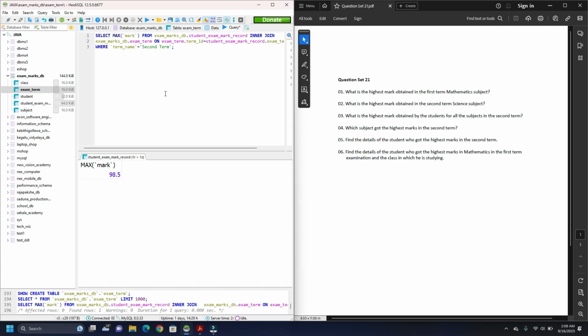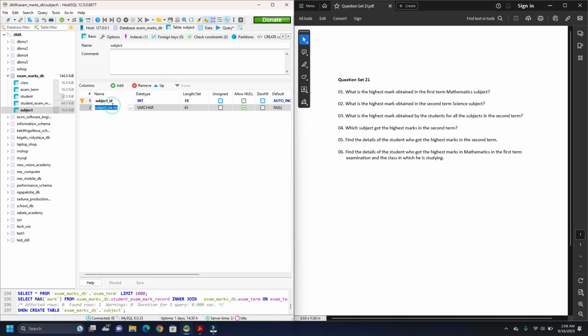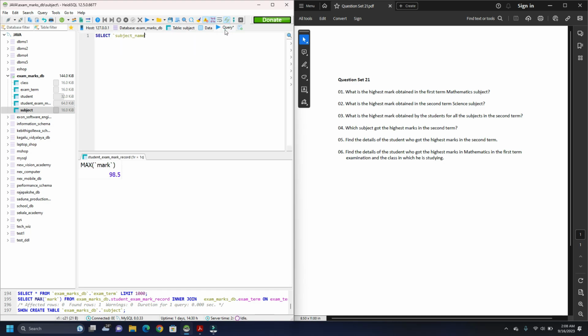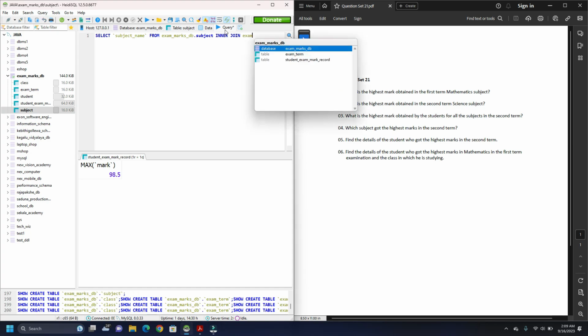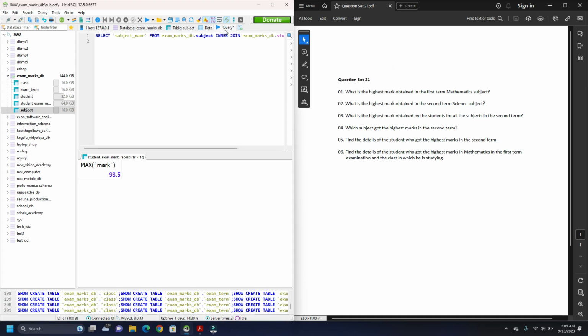And on to the fourth question, which subject got the highest marks in the second term? So to find the subject, we are using a select query. We have to find the subject name from the subject table, joining it with student exam mark record table to get the mark.